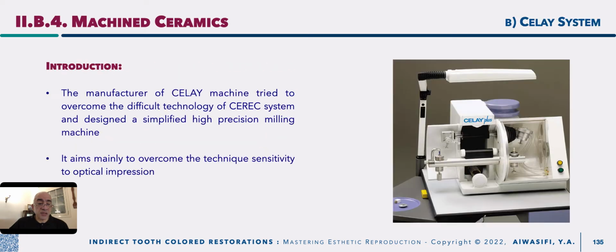Actually, the CELAY system was manufactured in a trial to overcome the difficulty in CAD/CAM technology and the difficulty in the digital system of CEREC techniques, and designed to produce a simplified high precision milling machine.